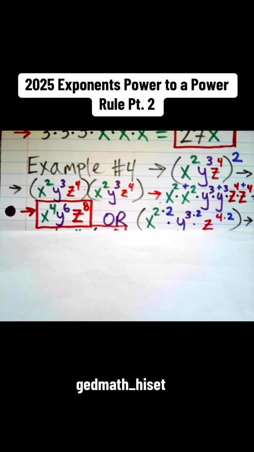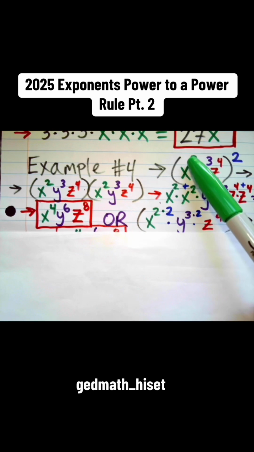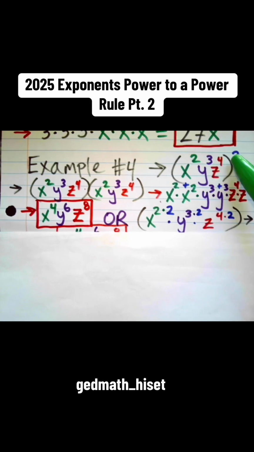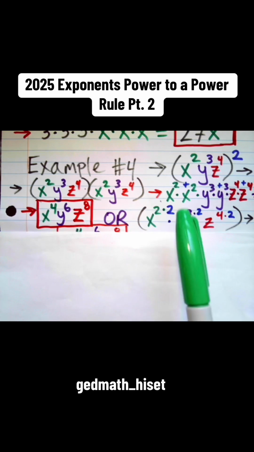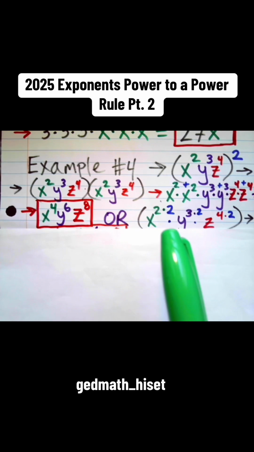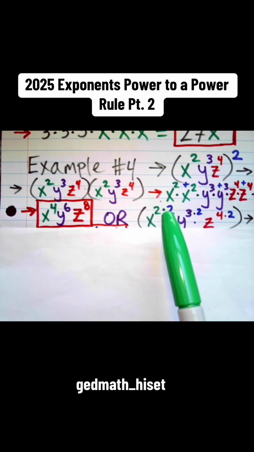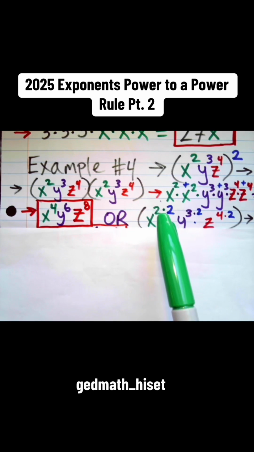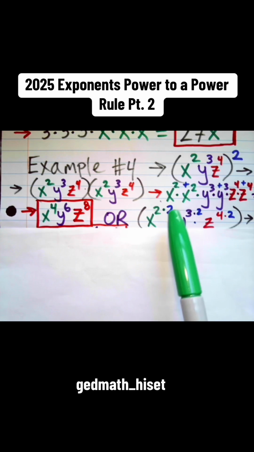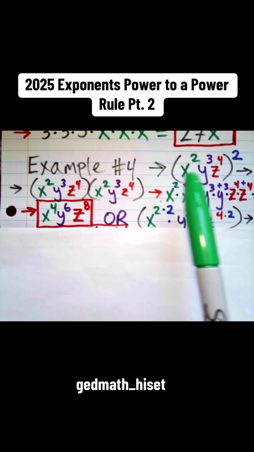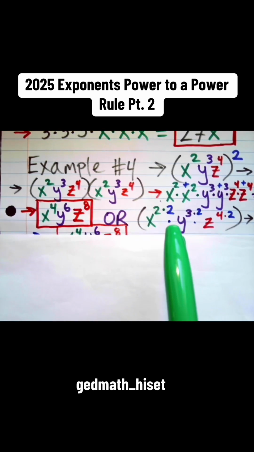So I wanted to show you a different version of this type of problem. So remember, power to a power means, hey, we can just straight up multiply these guys, right? We can just multiply these terms. And that's what I'm showing you here in the second method of solving this particular type of problem. So x squared times 2. And these guys are attached through multiplication, so I will show you that here.